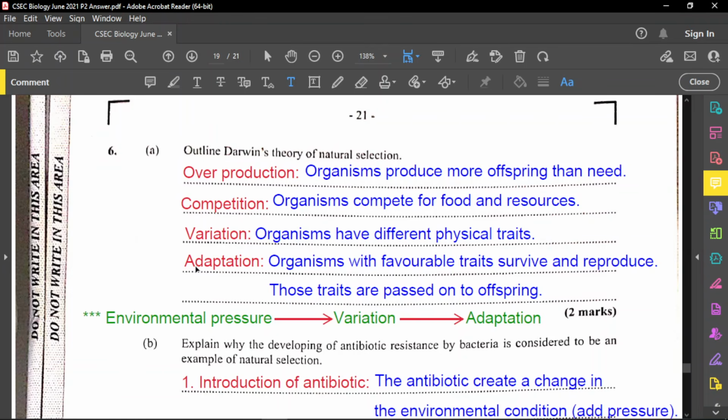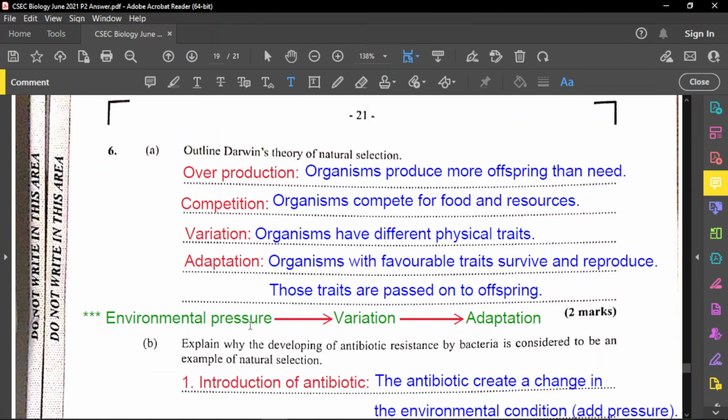And so what will happen here, because of competition, you have adaptation. And organisms with favorable traits will survive and reproduce. And so those traits now are passed on to offspring. And so another way to outline Darwin's theory of natural selection is also this.